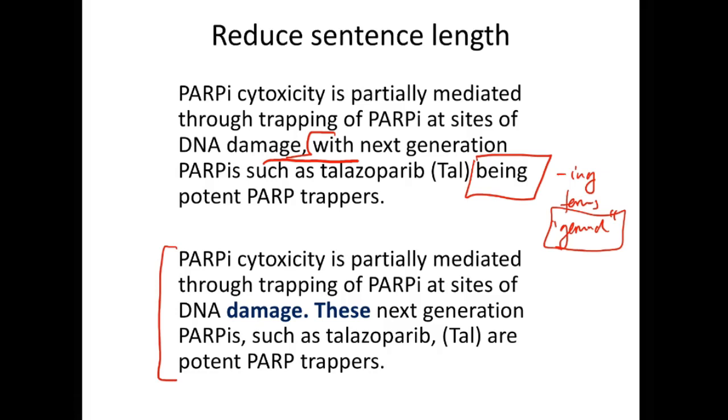And in English you can as well, but in my experience, academics overuse this. So this is a great example of reducing sentence length. You have some sort of addition to your sentence with an ing form. Just make that into a next sentence. And I like also that you can use here these next generation PARPs, namely the one that you've mentioned before, and then you have a smooth transition. I think it makes for better reading.